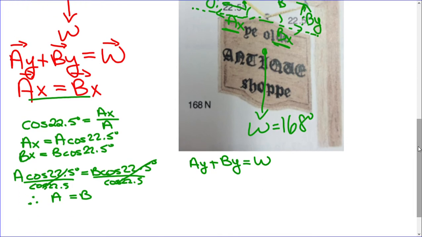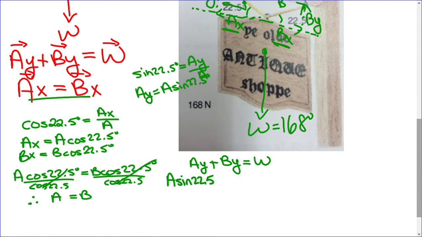So the sine of 22.5 degrees must equal AY over A. Or really, AY is equal to A times the sine of 22.5 degrees. Again, using the same logic, I can say that BY must equal B times the sine of 22.5 degrees.